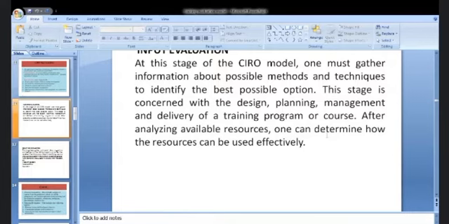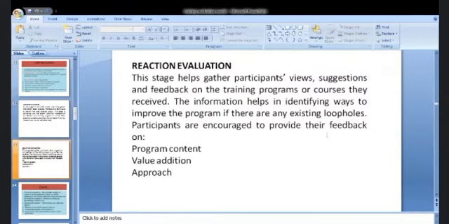Next we have the reaction evaluation. The third one was context, then input, and the next is reaction, students. This stage helps gather participants' views, suggestions, and feedback on the training program. This is similar to Kirkpatrick's first level, the reaction.